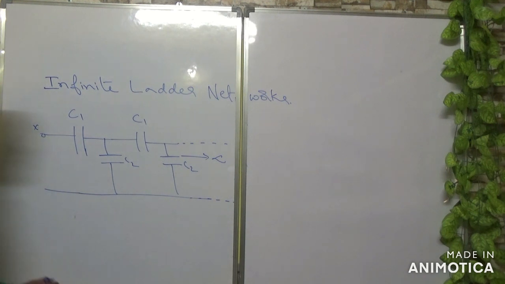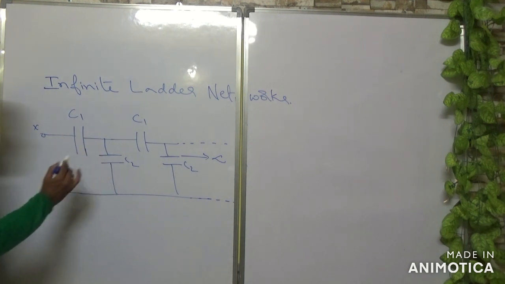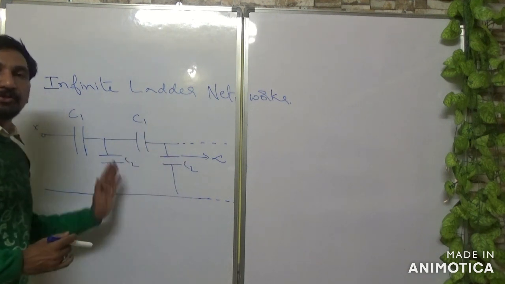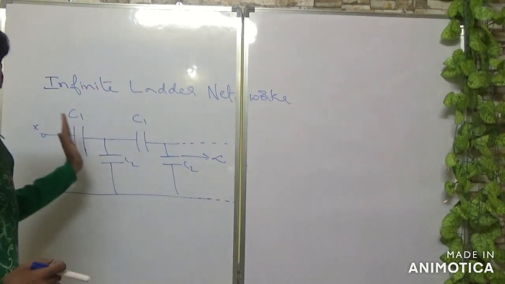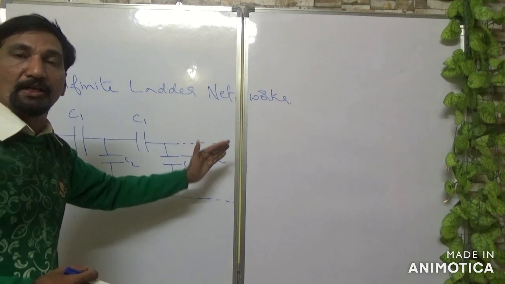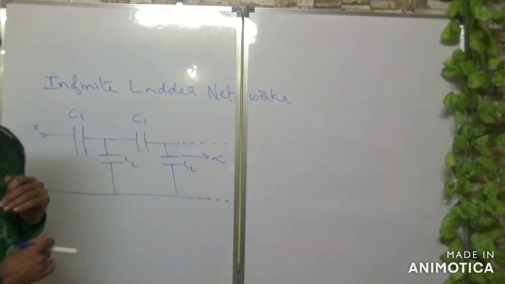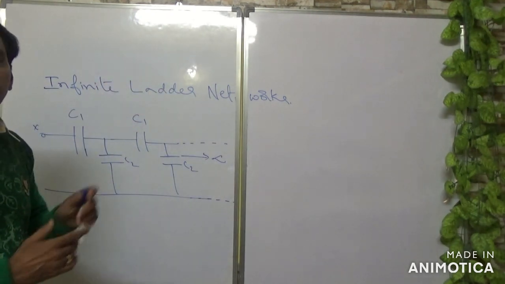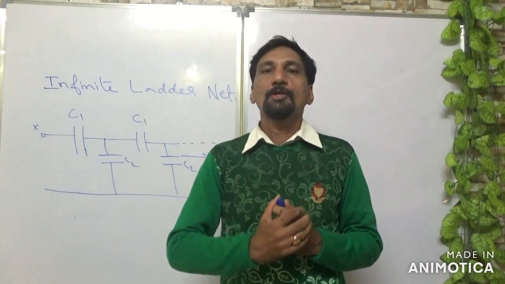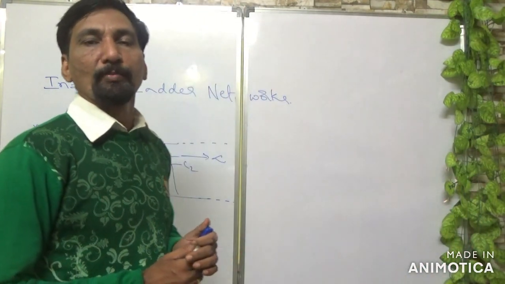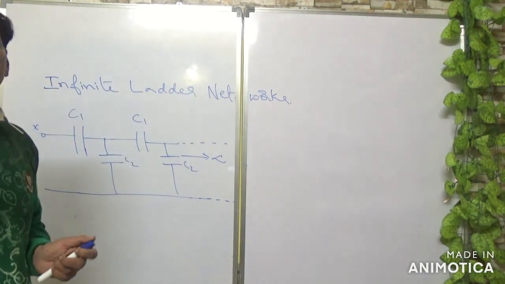Here you see C1, C2, C1, C2. In this way, it is connected up to infinity. So whenever capacitors are connected in a repeated manner, they are said to be connected in an infinite ladder network. Based upon this also you can expect one problem in competitive exams.